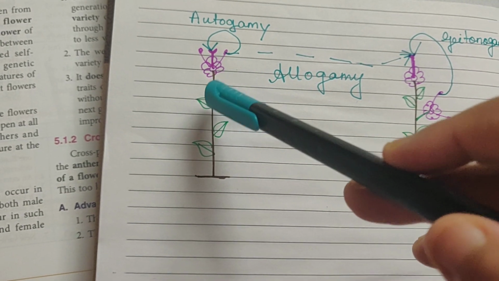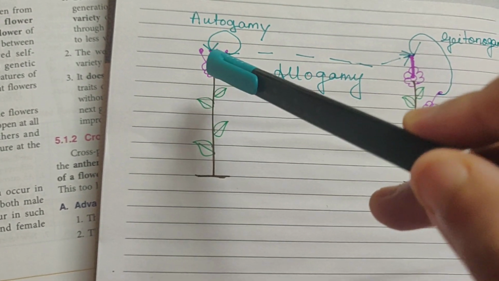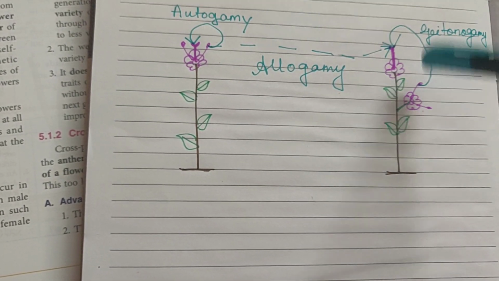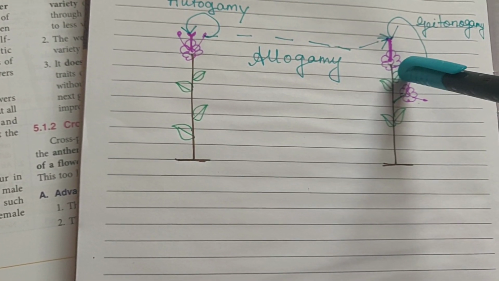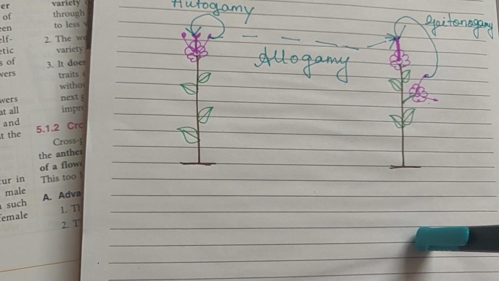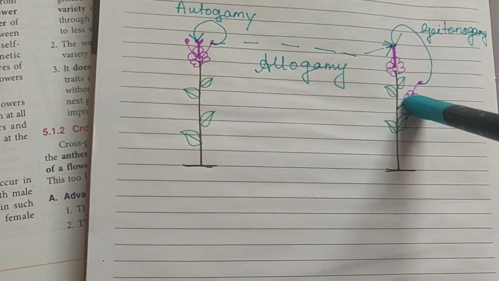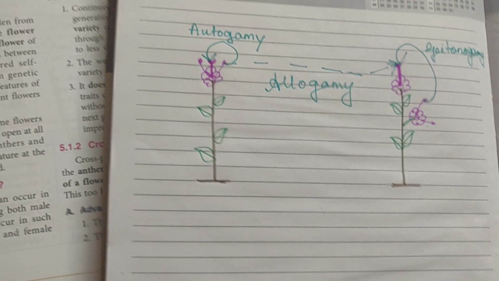One where the pollen grain of the same flower falls on the stigma of the flower, and another type where two different flowers are involved. The pollen grain of one flower falls on the stigma of another flower, but both the flowers belong to the same plant. So this is geitonogamy, and autogamy and geitonogamy both are types of self-pollination.